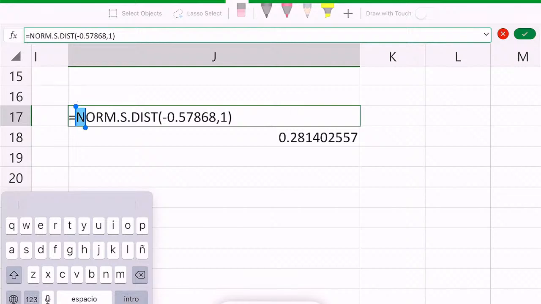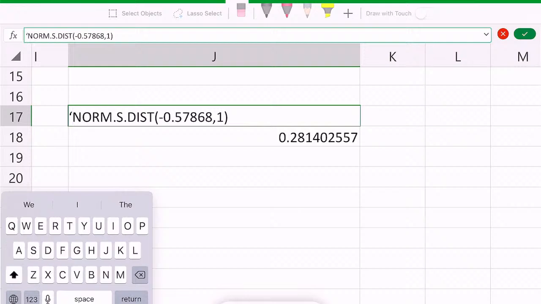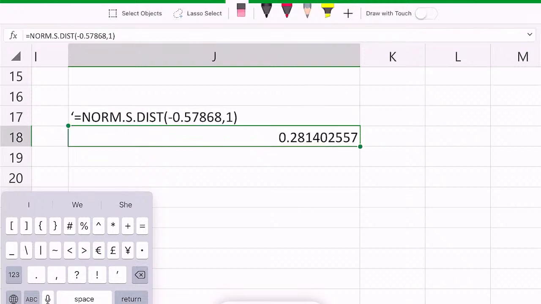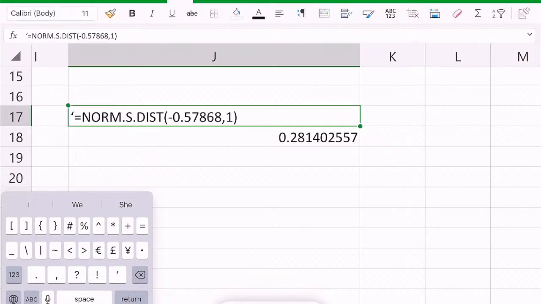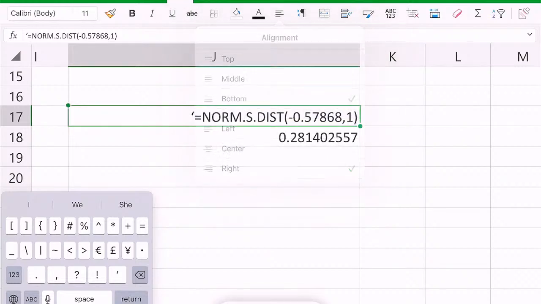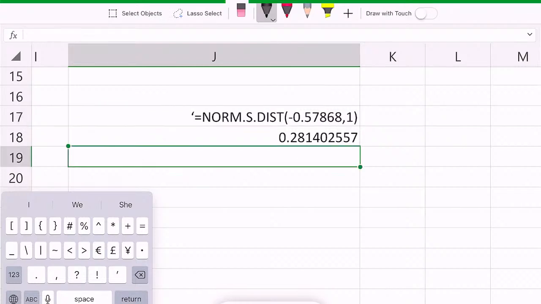I'm not used to using it on my iPad. So you can see this notation. There you go. That's what I wrote, starting at the equals to get that result. Okay, and now I want to calculate 1 minus that.